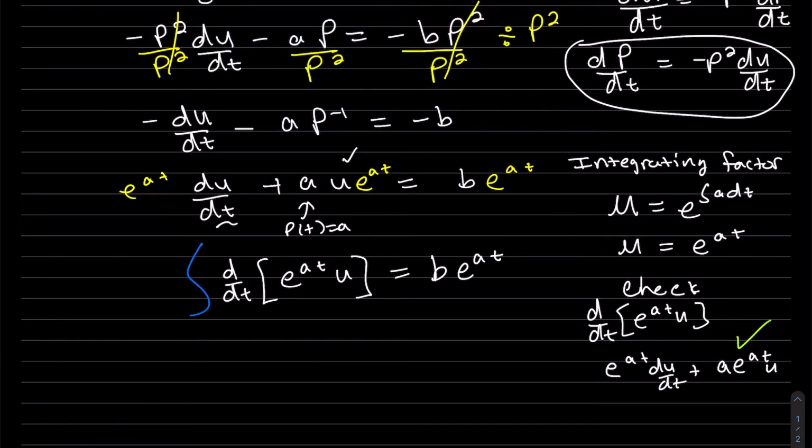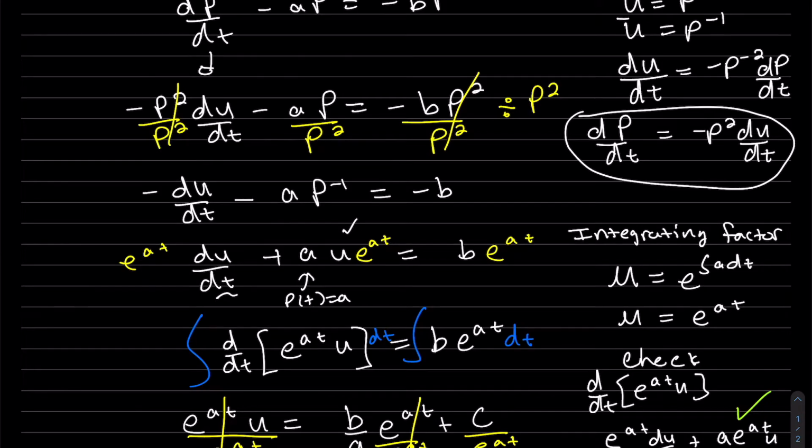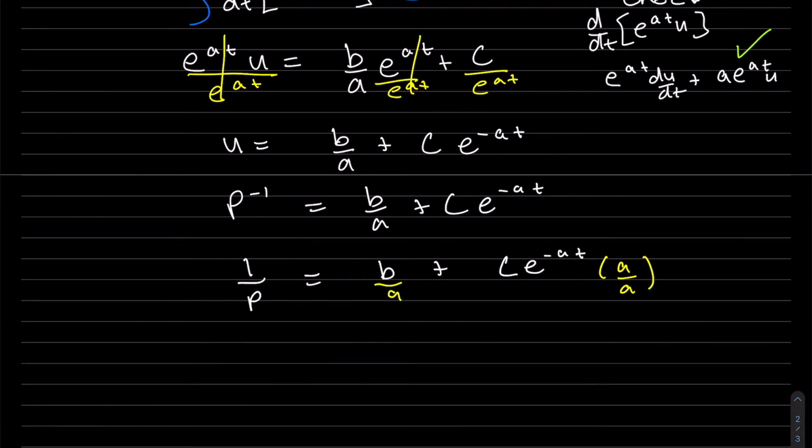So now we can integrate in terms of t. Integrate, it'll be b over a, plus our c. Solve for u. Put the c first, and that's a negative at. But u, if you remember, was our P to the minus 1. I have a common denominator.